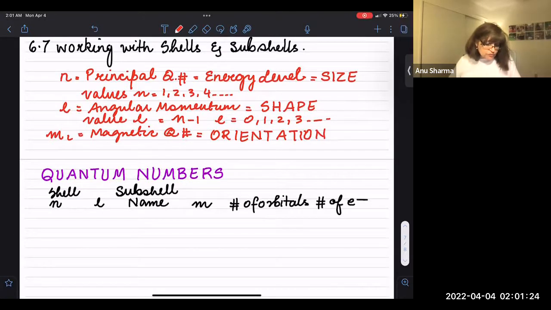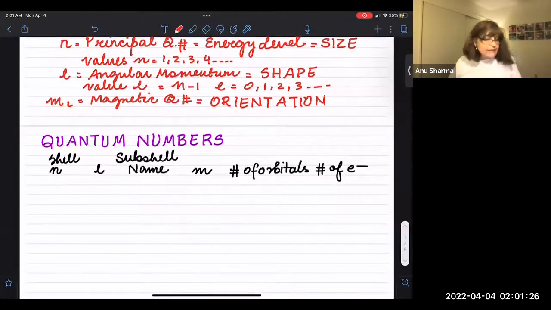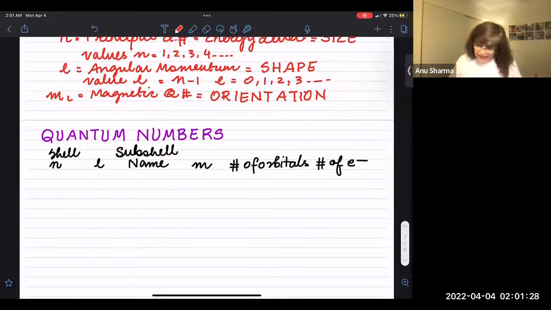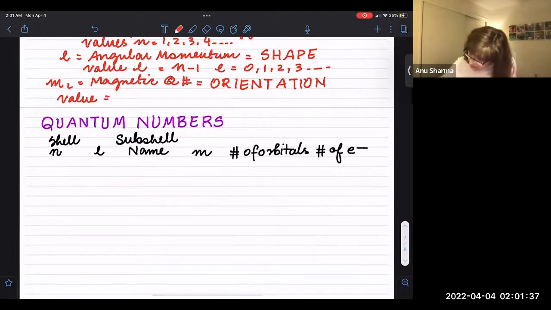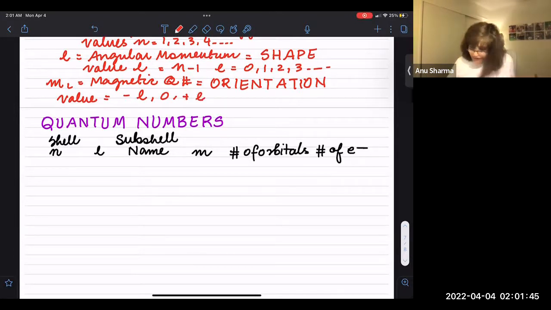What is the orientation of the orbitals, like length, width, and height. The values of ml range from negative L, through 0, to positive L. We will look into this more, but basically this is the orientation of the orbitals.